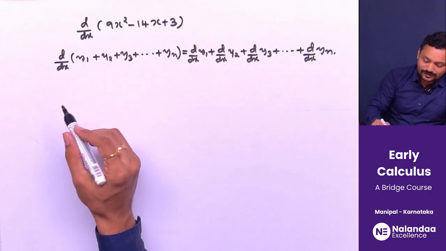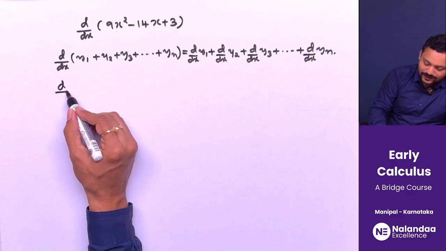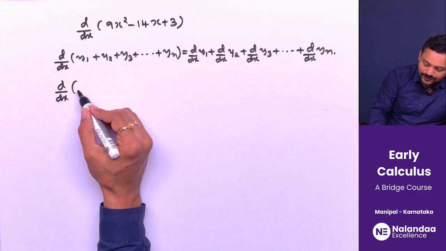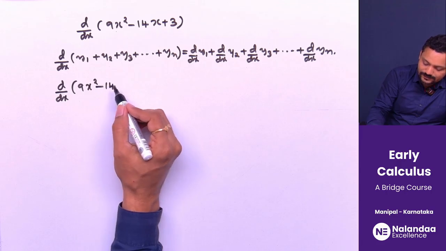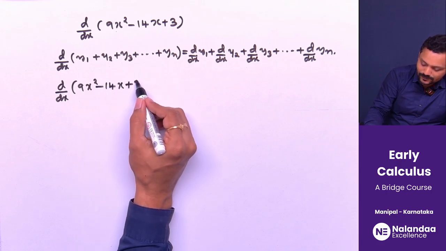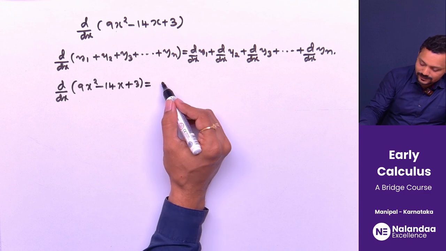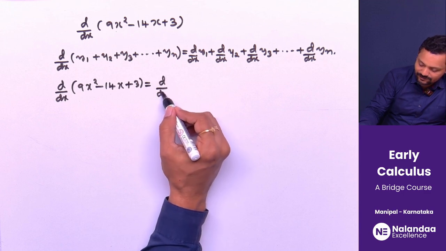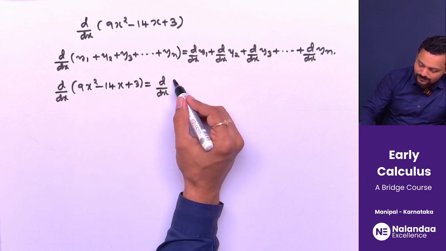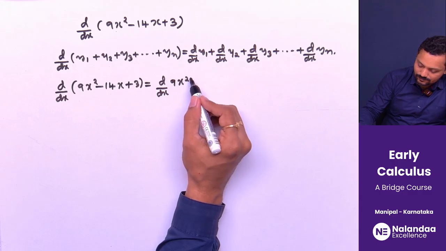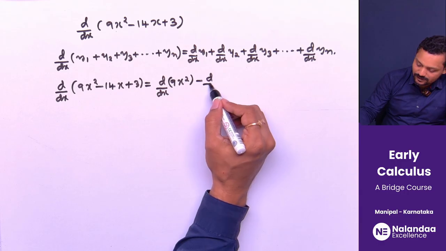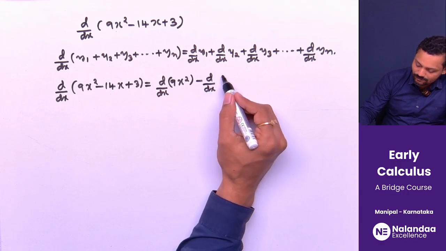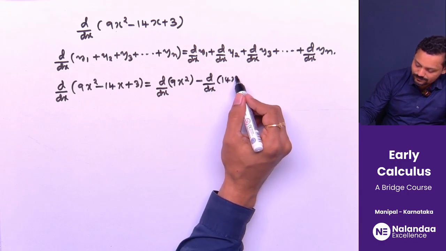Now let us go to this question, d by dx of 9x square minus 14x plus 3 can be written as d by dx of 9x square minus d by dx of 14x.